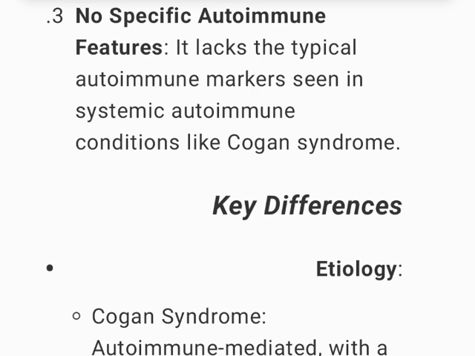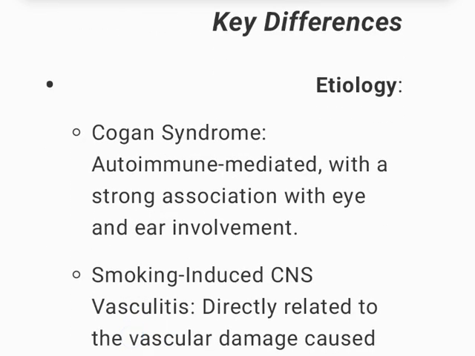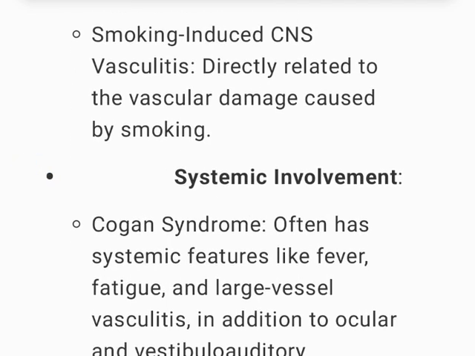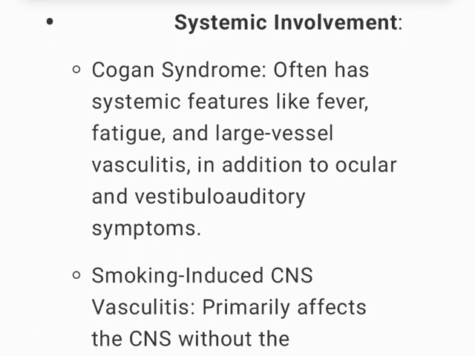Key differences: etiology. Cogan syndrome, autoimmune mediated with a strong association with eye and ear involvement. Smoking-induced CNS vasculitis, directly related to the vascular damage caused by smoking. Systemic involvement. Cogan syndrome often has systemic features like fever, fatigue, and large vessel vasculitis, in addition to ocular and vestibulo-auditory symptoms.